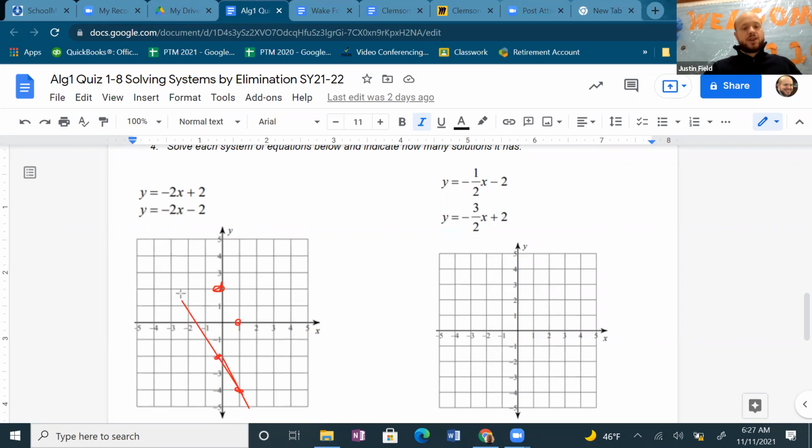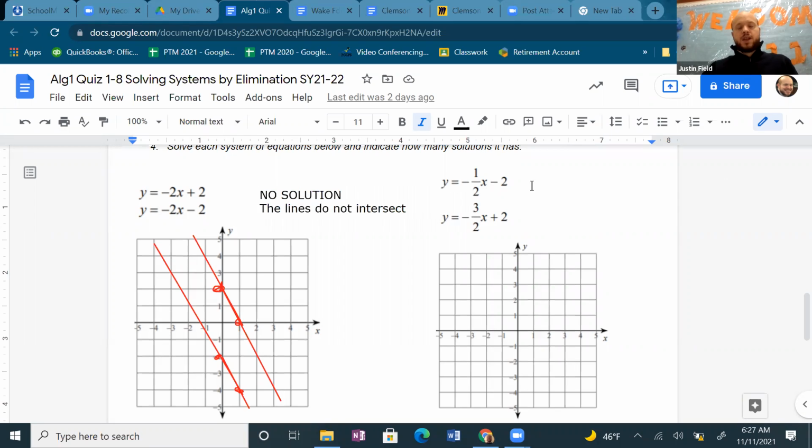But the graph is here on the quiz, so graph it. Don't tell me I can't show my work. See, there we go. Now we can clearly see that there is no solution. Because why? The lines do not intersect.